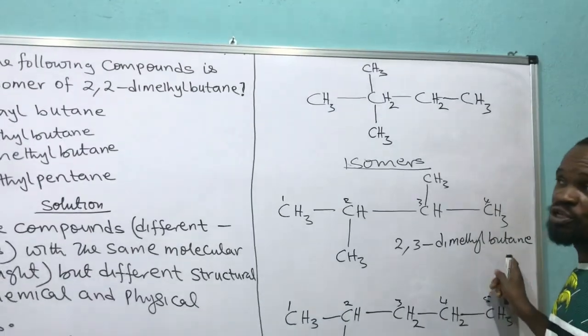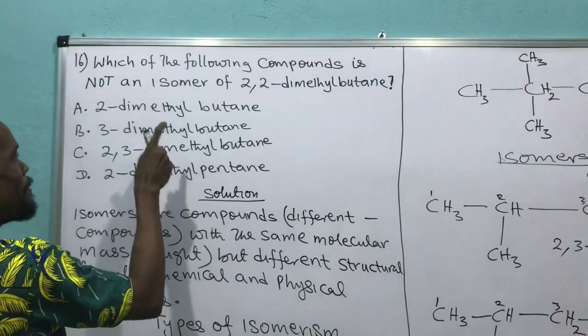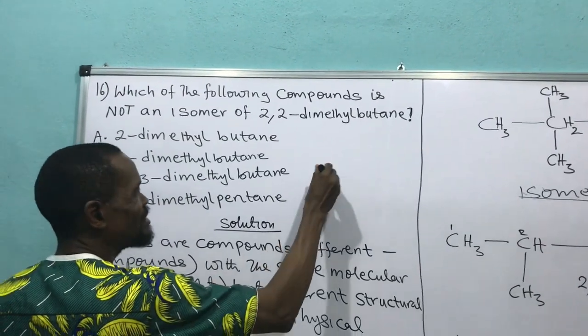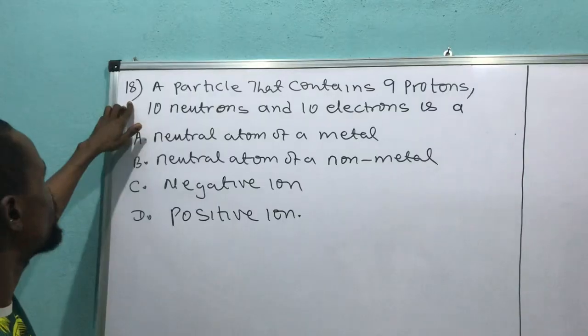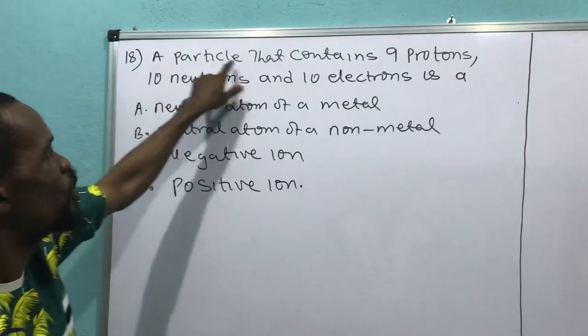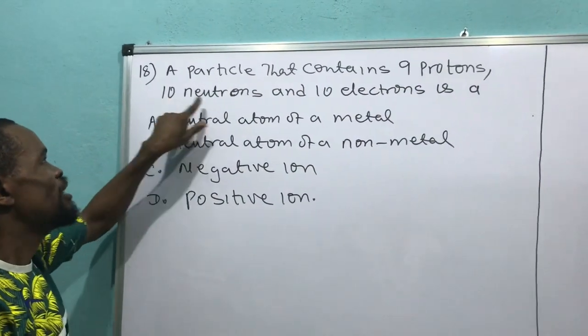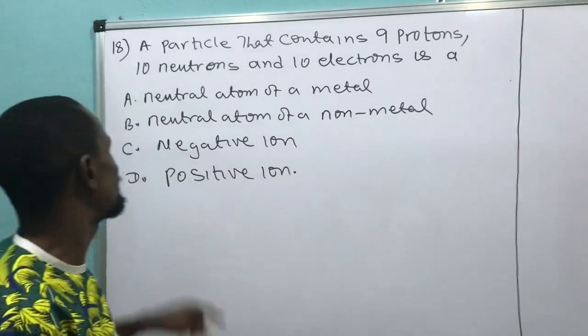We have it here. So you go to our options, you see that 2,3-dimethylbutane. That means my answer should be what? Option what? C is my answer.